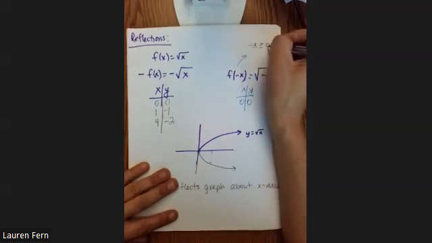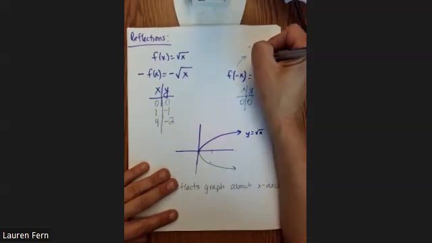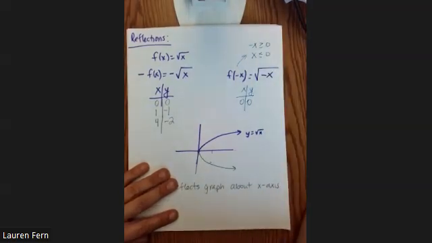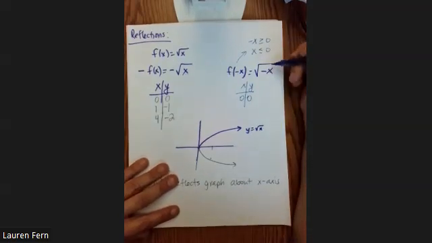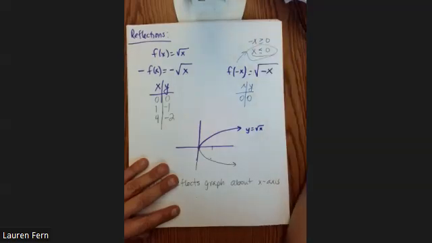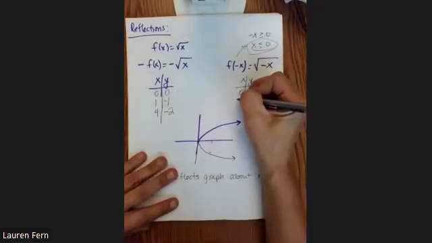Okay, we don't want negative x, we want x. What happens when you multiply or divide by a negative number? It flips the sign. So we can't plug in x equals 1 because then we're taking the square root of a negative number and we get an imaginary number. We can only plug in values of x less than or equal to 0.